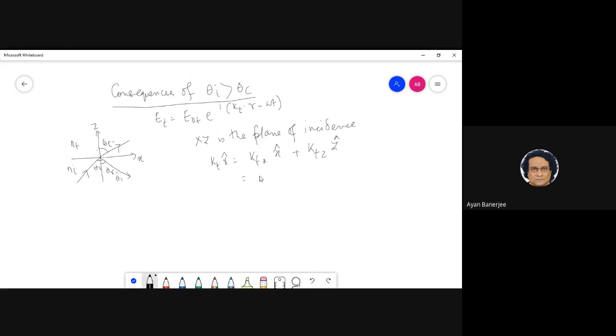And I can write this as kt sine theta t x hat plus kt cos theta t z hat. Is that fine?